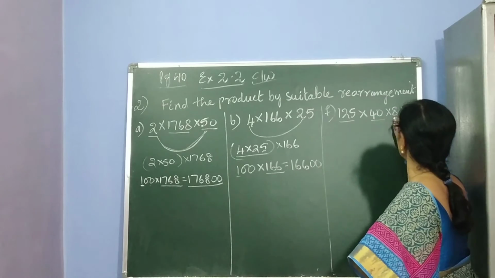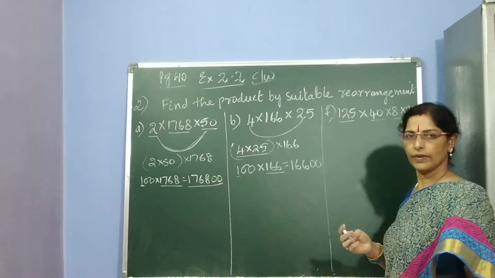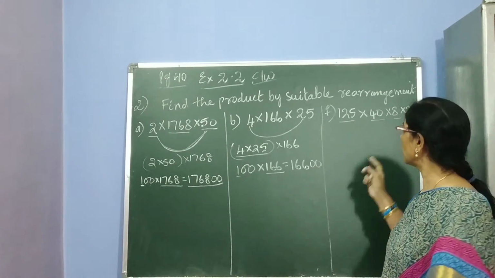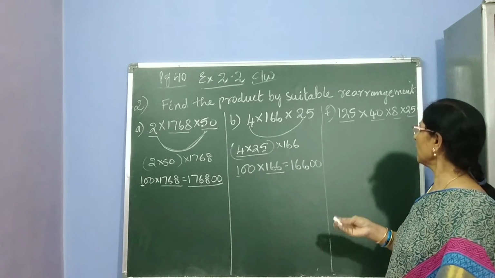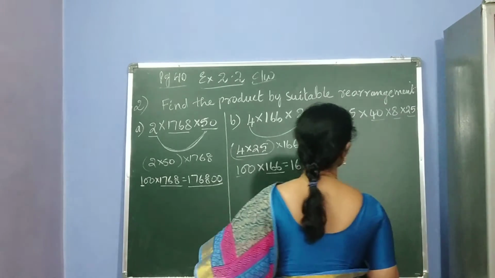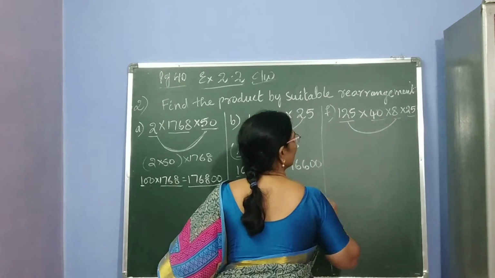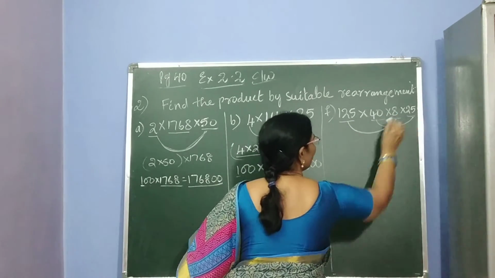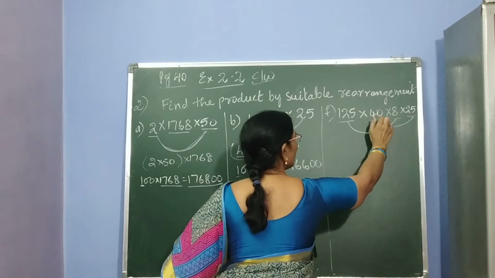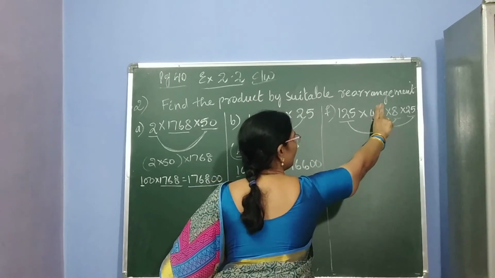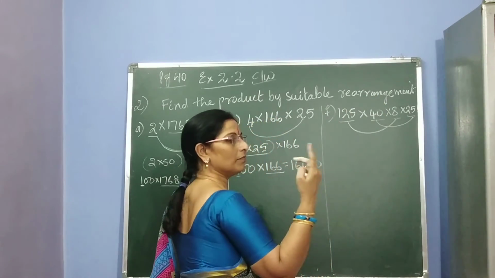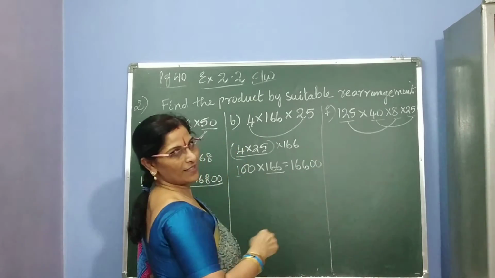1, 2, 3, 4. Here also, the 4 numbers can be made into 2 groups. Which 2 numbers can we take? These 2 numbers and these 2 numbers. Why? Because, closing the 0, 4 into 25 is 100, and one more 0 gives 1000.